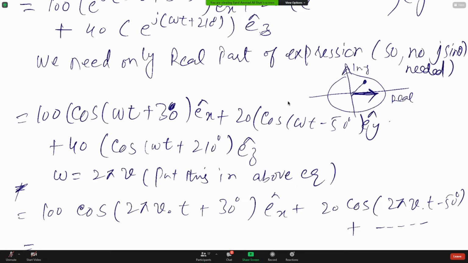Your nu is given as 100 megahertz, so just put the value. 100 cos 2 pi, and megahertz is 10 to the power 6, so it means 10 to the power 8, t plus 30 degrees Ex plus 20 cos, and you can write the whole expression. So that's it. The question was just asking that.